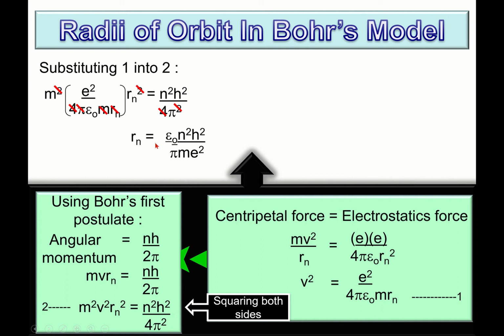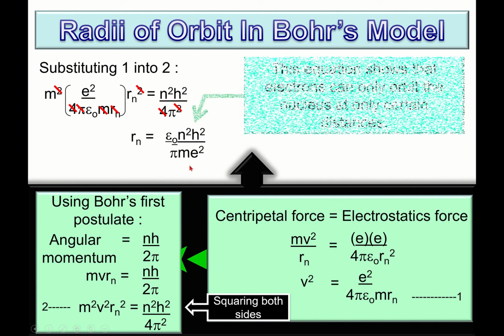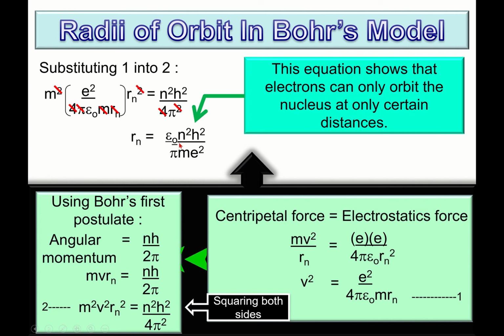So the equation becomes r_n equals epsilon naught n squared h squared per pi m e squared. This equation shows that electrons can only orbit the nucleus at certain distances, because n is a discrete value, where n starts from 1, 2, 3 and so on.